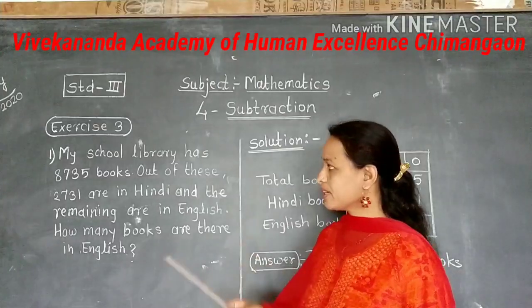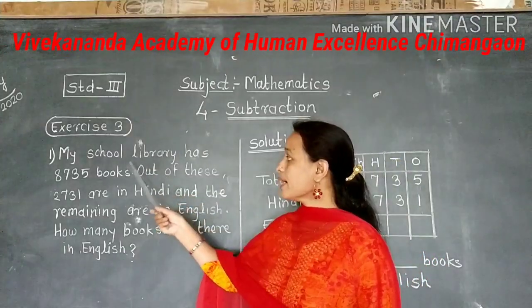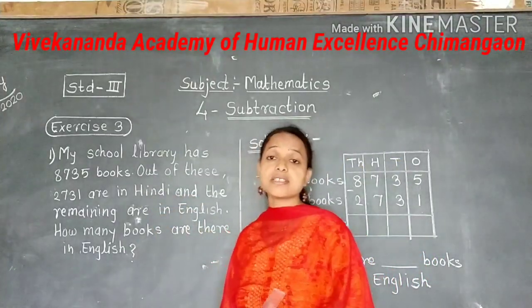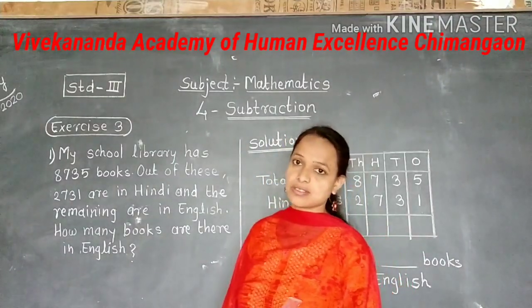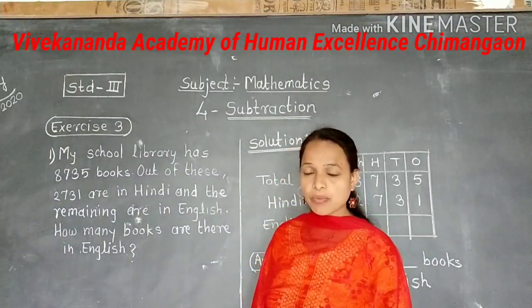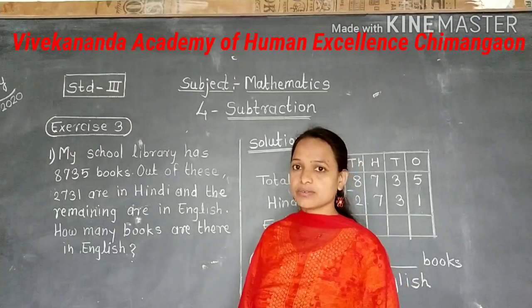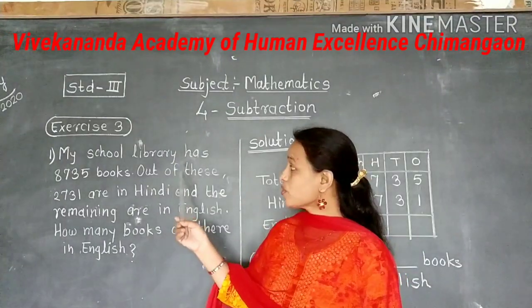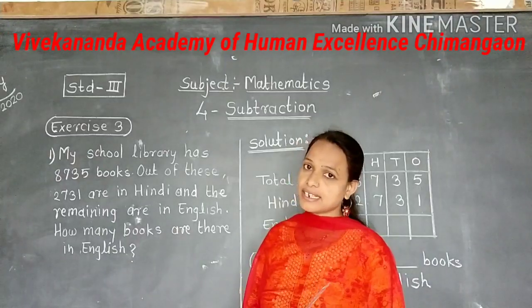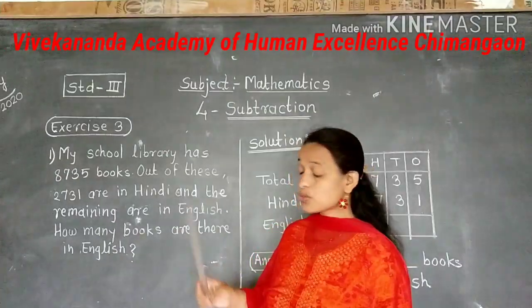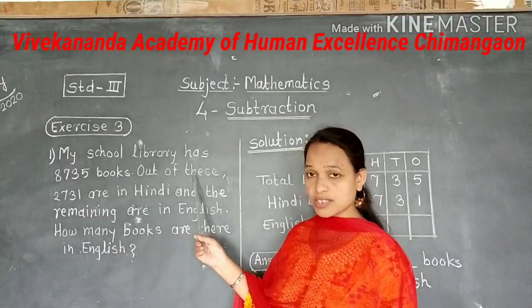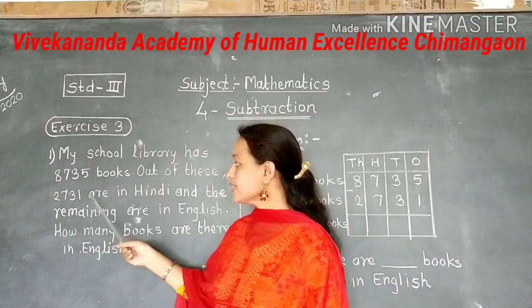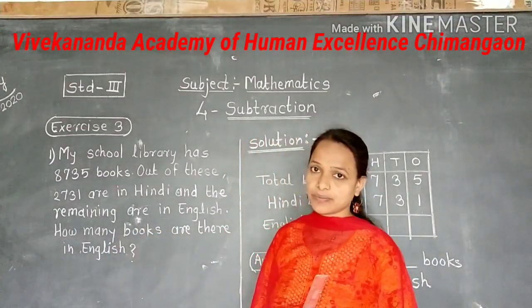Okay? So look here. My school library has 8,735 books. Means in this word problem, total books are given. How many total books are in the library is given. Also, what is given? Out of this, 2,731 are in Hindi.